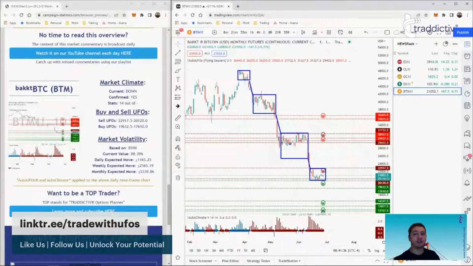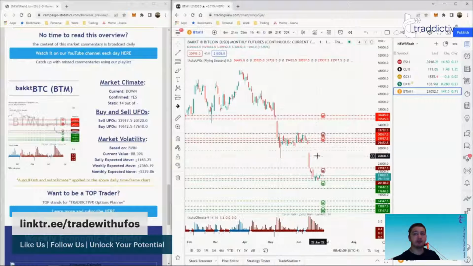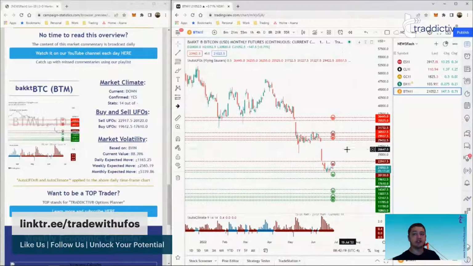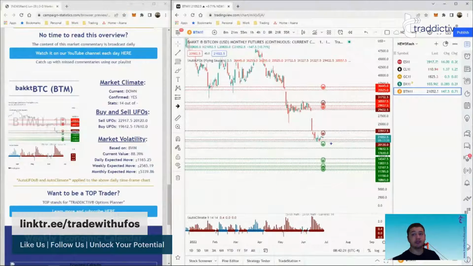Something that's very interesting is that some of these are pretty much the same measured moves, but most of these are getting a little bit smaller. So hopefully we are getting around the corner and looking to get some upward movement from one of these areas, or we may retest down to the bottom. We'll see. Right now it is kind of up in the air.